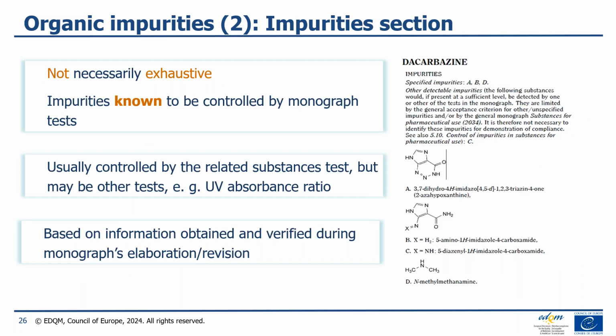These 2 types of impurities are described in an impurities section, or so-called transparency list. This list is non-exhaustive, and it contains the impurities which are known to be controlled by the tests described in the monograph. In most of the cases, the impurities are controlled by the related substances test, but sometimes other tests may be used for the control of certain impurities.